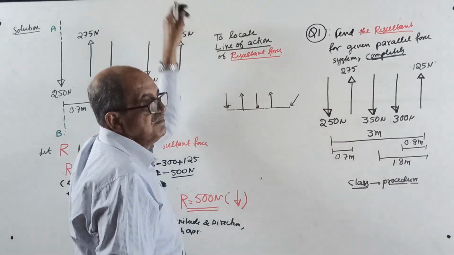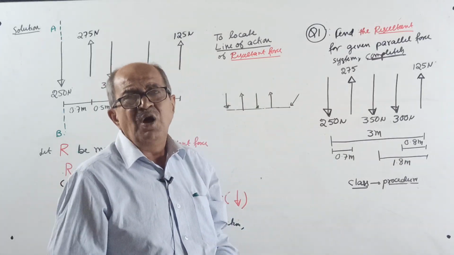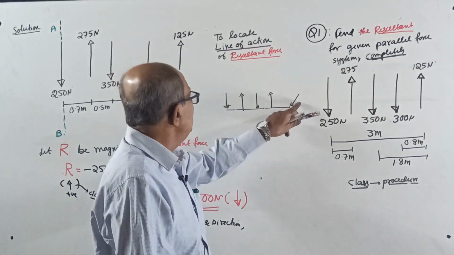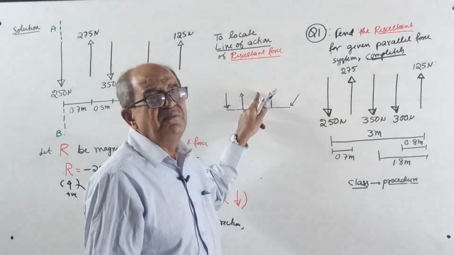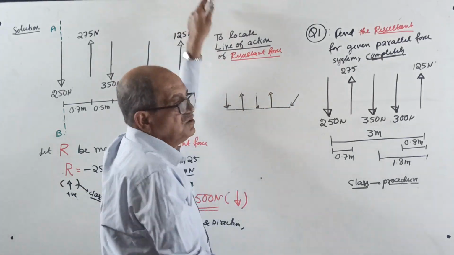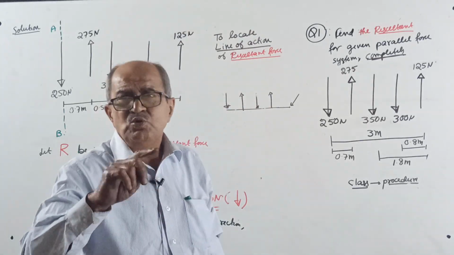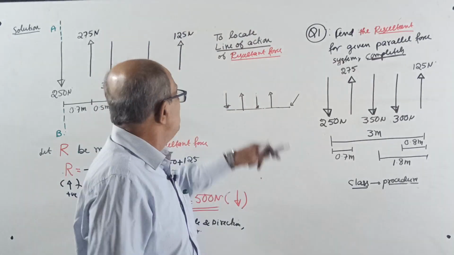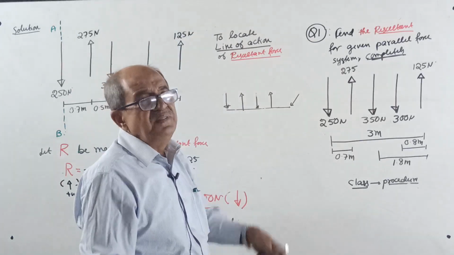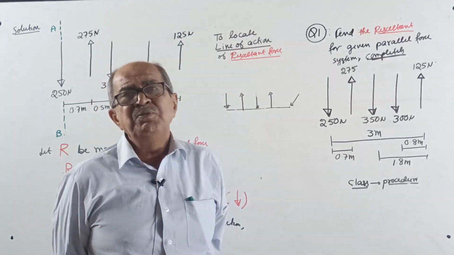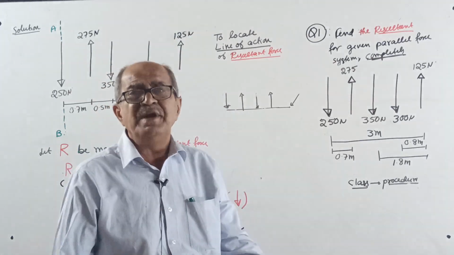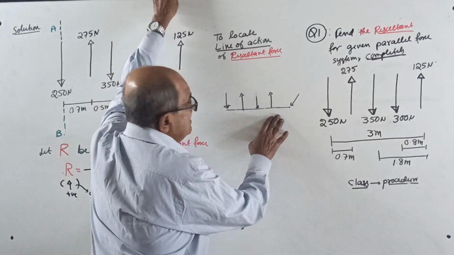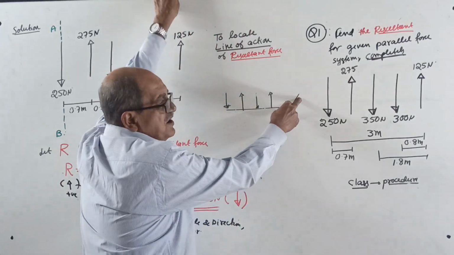This is not a parallel force system because this force is not parallel to the others, so it goes back to a coplanar force system. I will write and briefly solve it. Coplanar force system, you know how to solve, so solve it and I will give the answer. Here, resolutions are required.